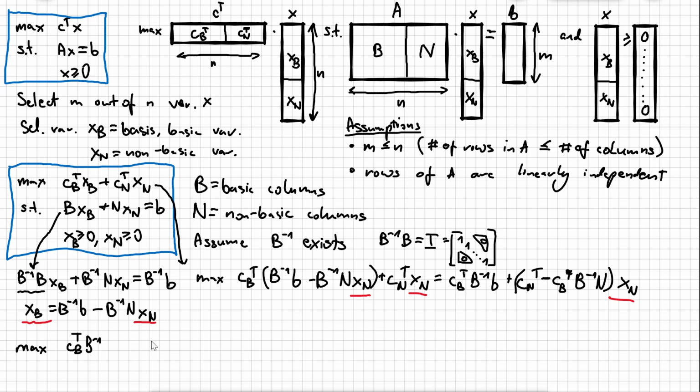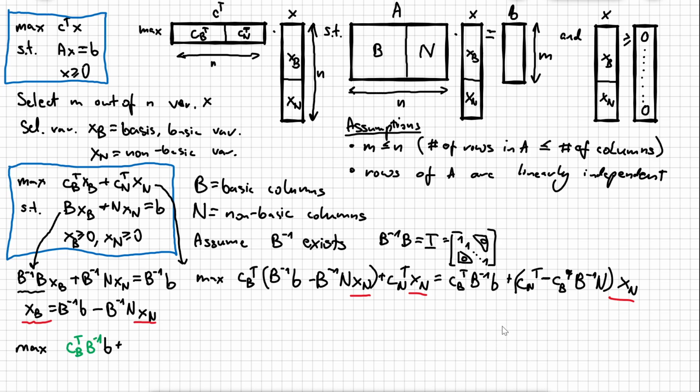I'm going to actually write it with a slightly different color here. cB transposed times B minus 1 times small b, minus 1 times small b in black.